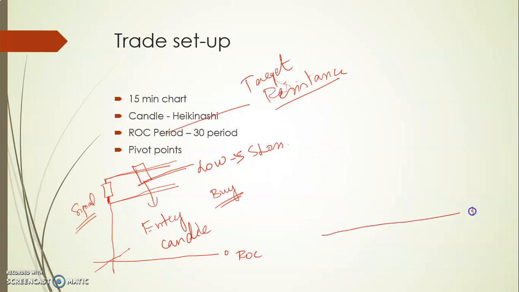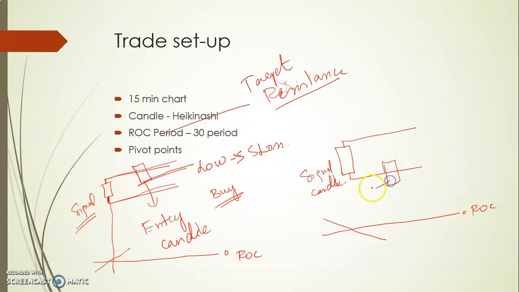Similarly, this is the ROC line and the zero line. Whenever the 30 period ROC line crosses below zero, the candle is called the signal candle. As it is a sell call, look for the candle which breaks the signal candle's low.